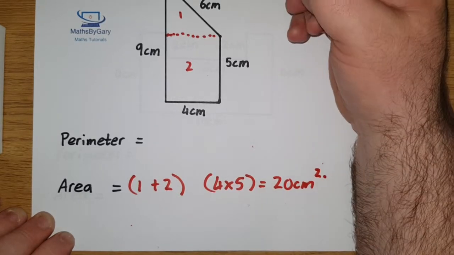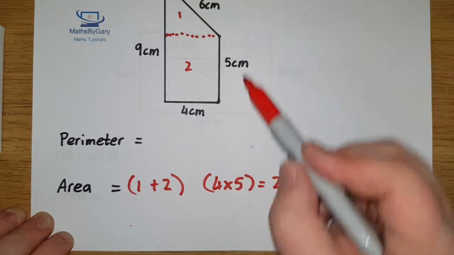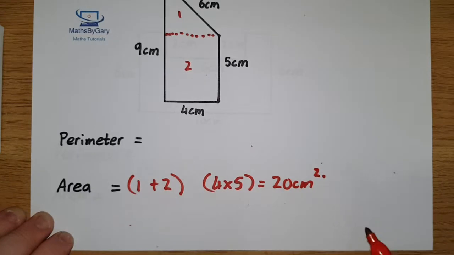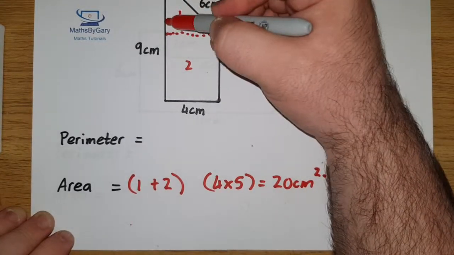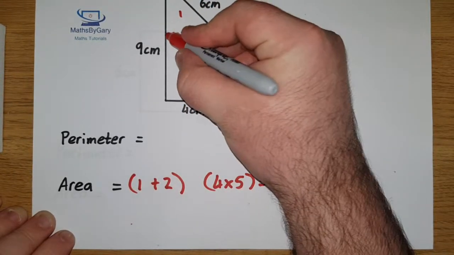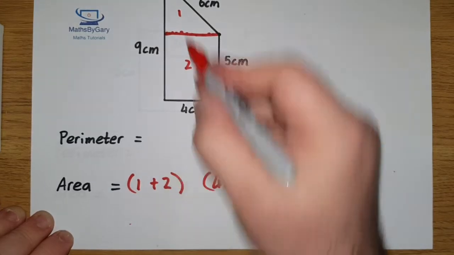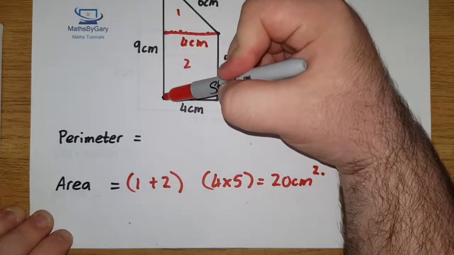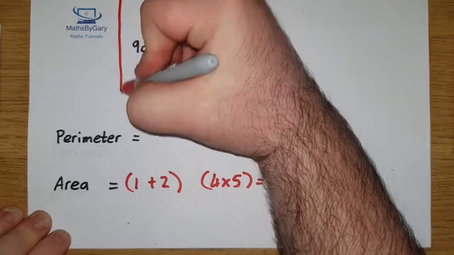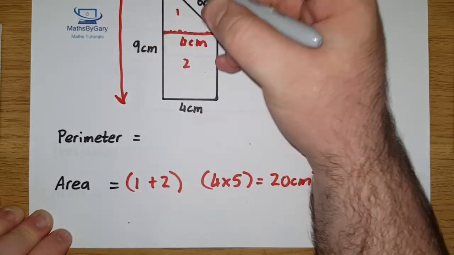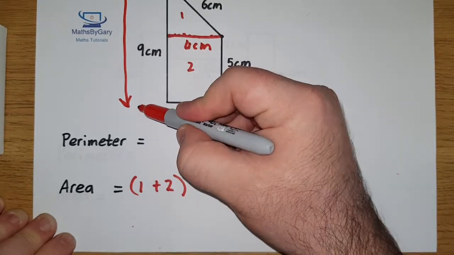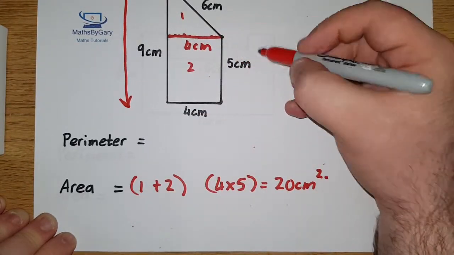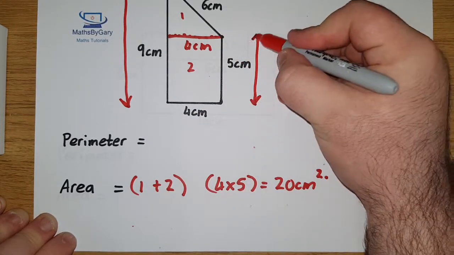And now what we want is basically to work out shape 1. So how would we do that? It's a triangle. So we know, make it a little bit easier, it's 4 centimetres, so this here is also 4 centimetres. This line is 9 centimetres, so from here to here is 9 centimetres. From the bottom to here is 5 centimetres.